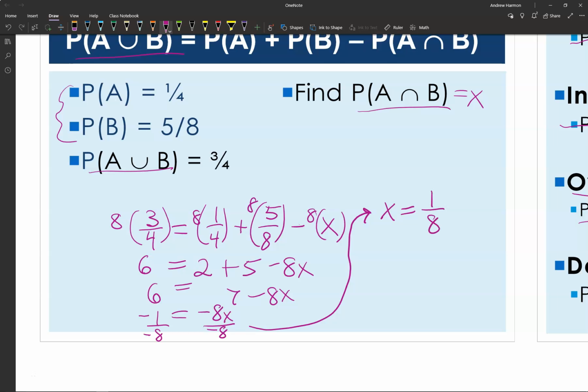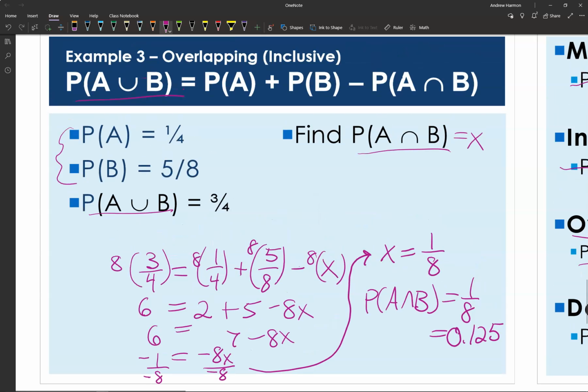So from there, we can say that the probability of A and B is 1/8. If you want to get that as a decimal, that would just be 0.125.